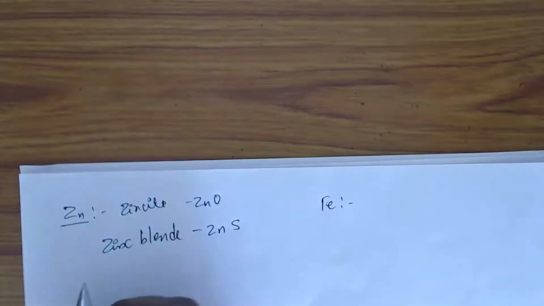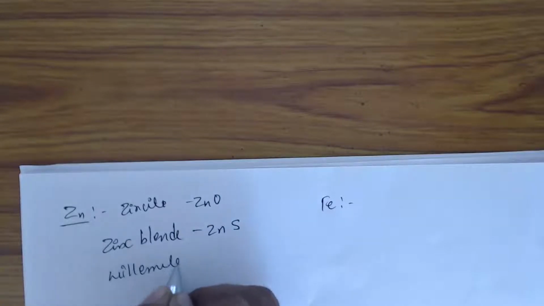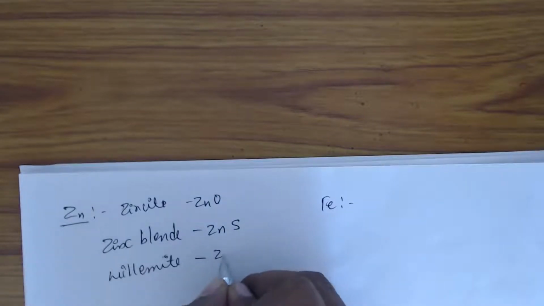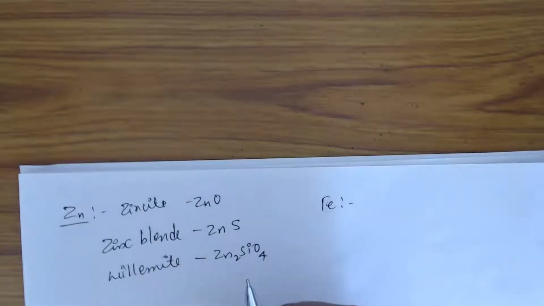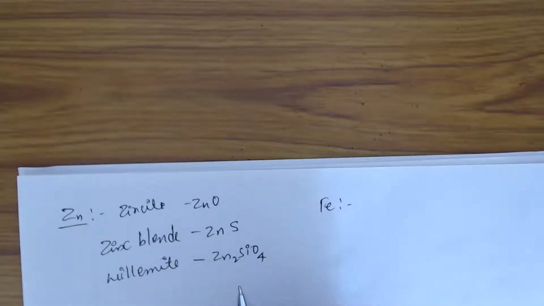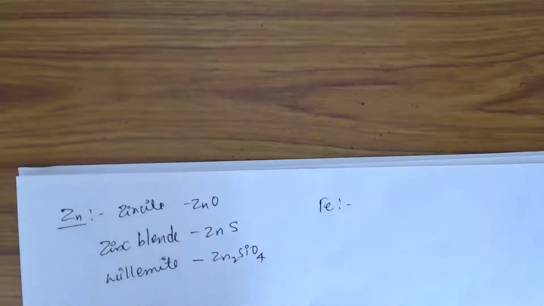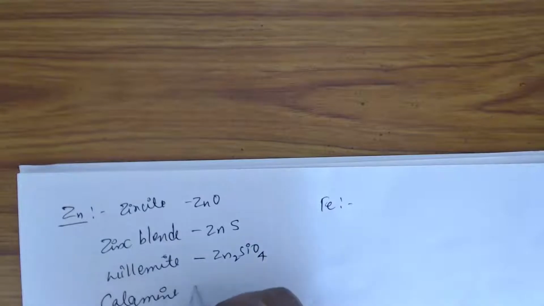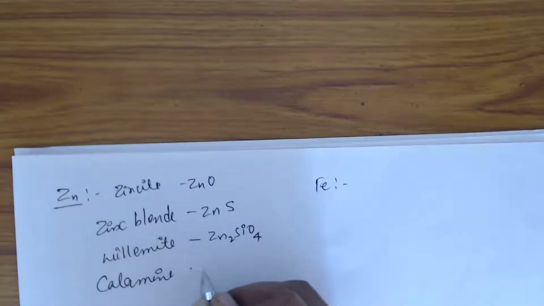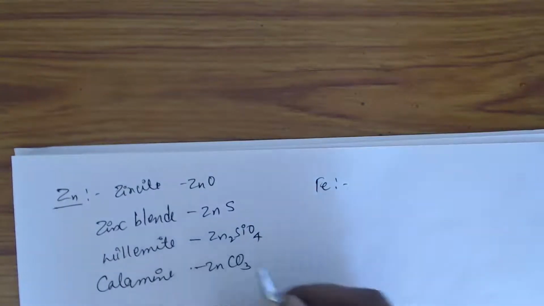Next, willemite is there, willemite means zinc silicate. Okay. Next, calamine is there. Calamine means zinc carbonate.